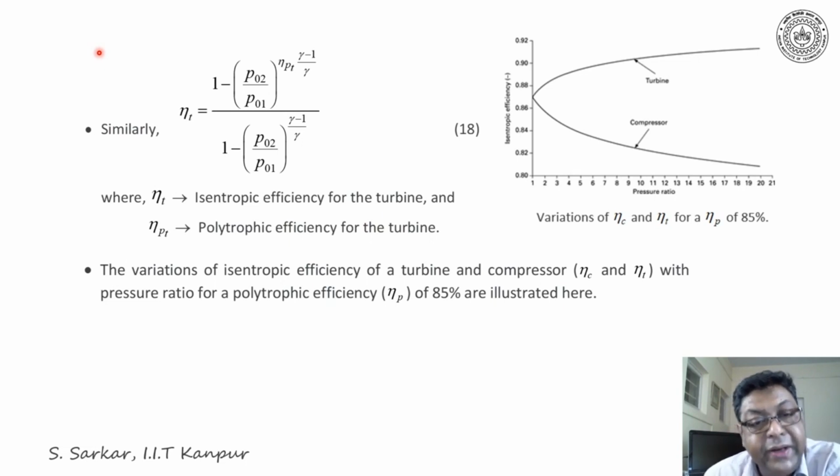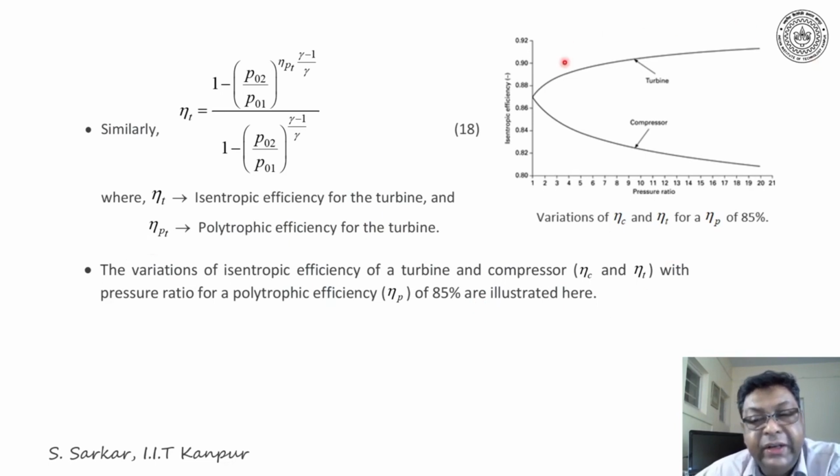Thus, I can write eta T is equal to 1 minus (P02 by P01) to the power (eta Pt into gamma minus 1 by gamma) divided by 1 minus (P02 by P01) to the power gamma minus 1 by gamma, where eta T indicates the isentropic efficiency of a turbine, while eta Pt is the polytropic efficiency.